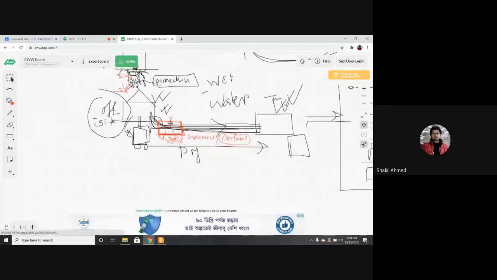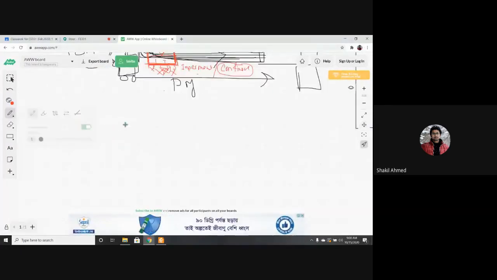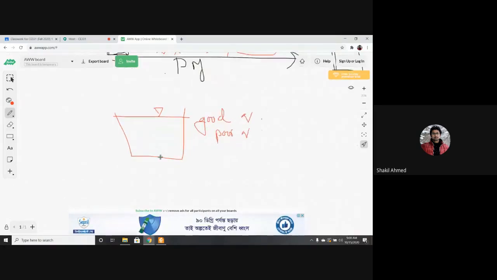How do you determine if a particular water is good quality or poor quality? There are certain parameters in water.